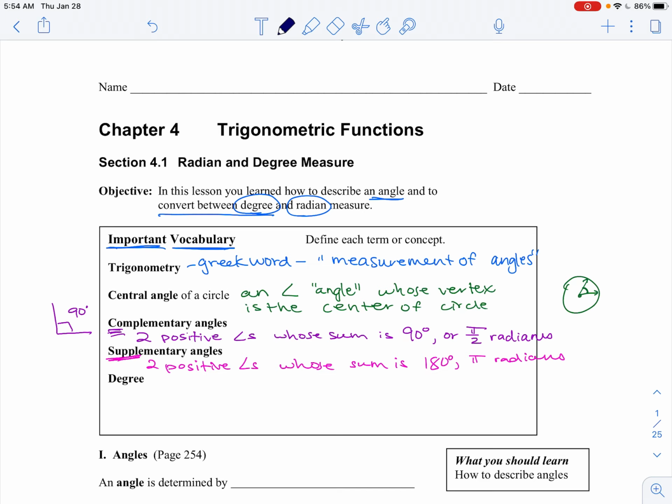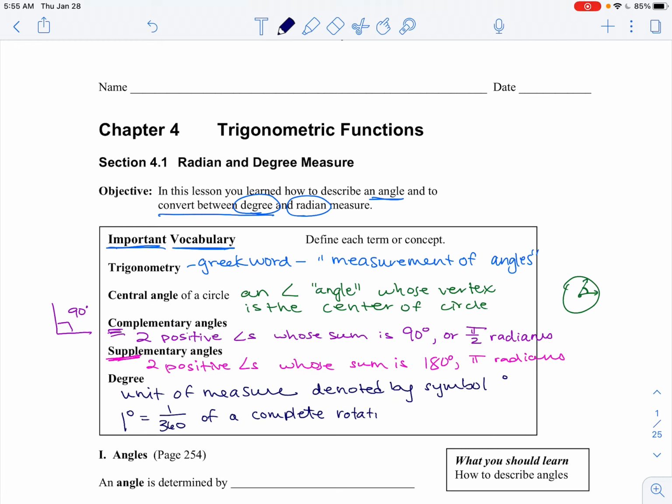So the unit of measure is denoted by the symbol, remember that raised up floaty little circle, the symbol of what we call degree, where 1 degree is 1/360th of a complete rotation of the vertex of an angle, aka a circle, right?